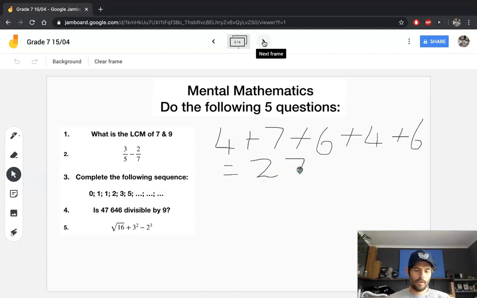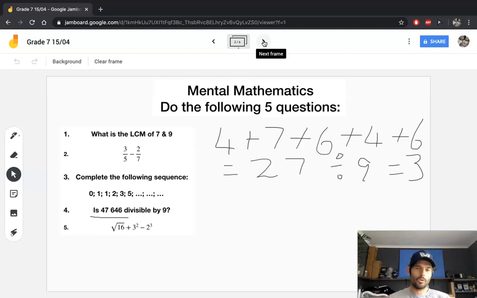Is 27 divisible by 9? Yes, it is. It goes into 27 3 times. If that gives you a number that is divisible by 9, then you know that 47,646 is divisible by 9. So exactly the same as 3, except you're using the number 9.